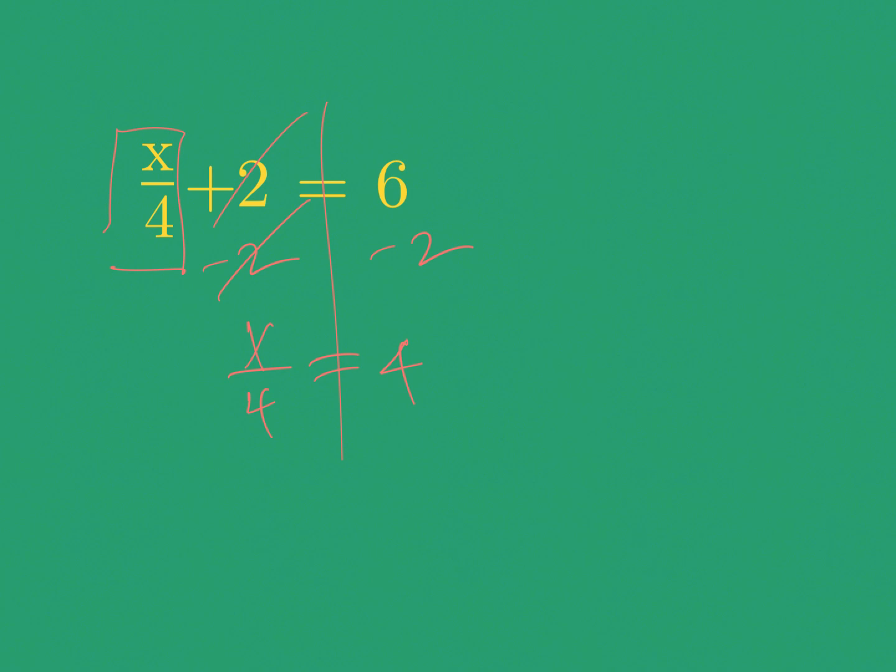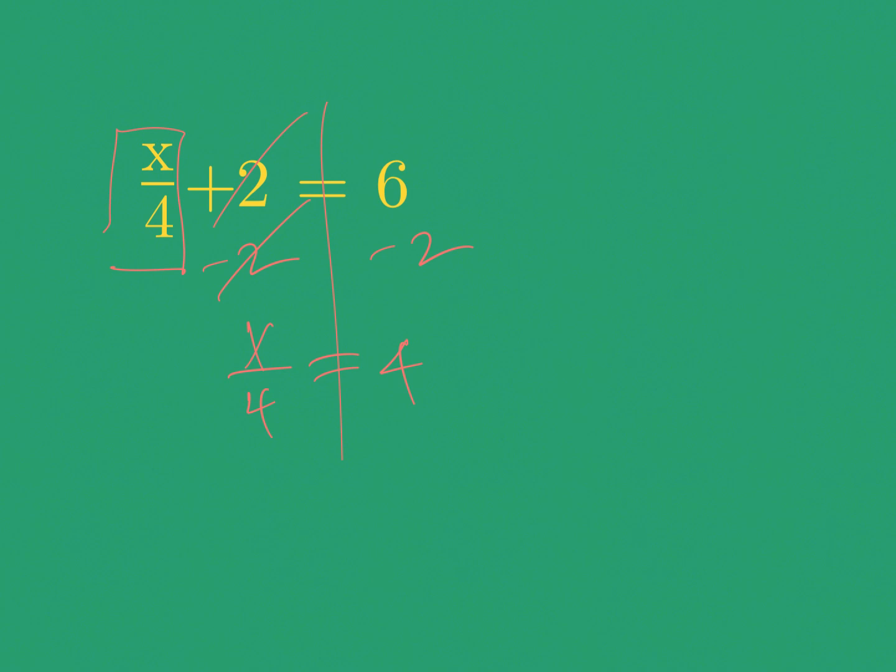So to get x over 4 by itself, that plus 2 must go away. How do we get rid of a plus 2? We subtract 2. We do the opposite operation. Add 2, we're going to subtract 2. 2 minus 2 disappears, and you are left with x over 4. There's that variable term that we wanted to get by itself.